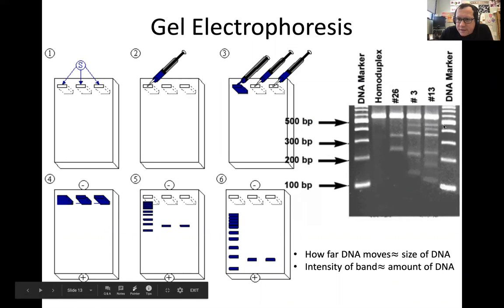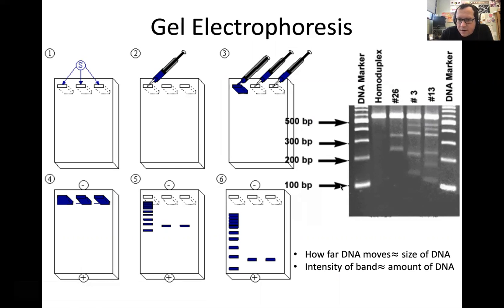One of the things you can see with this little diagram here is that there are these known sizes of DNA, and we call these a ladder. And you can see that these smaller pieces of DNA have migrated through the gel faster, and so they've come out further down here. The bigger pieces of DNA migrate slower.